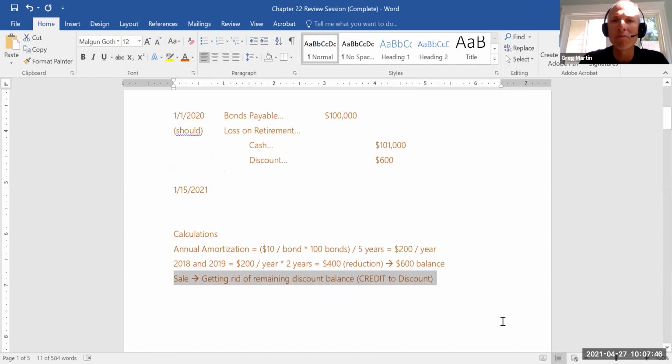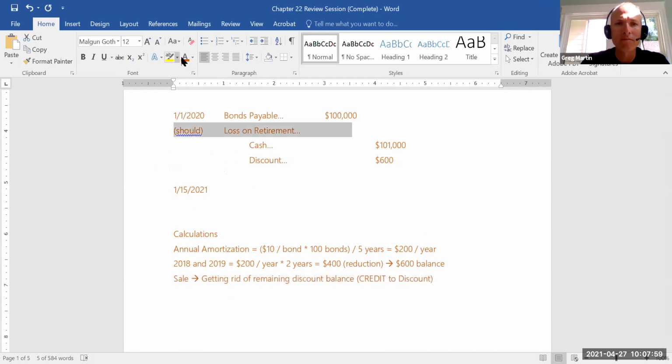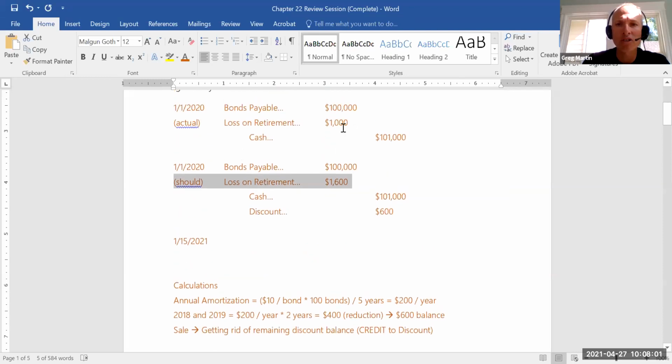In other words, they needed to credit the discount balance by $600. That's the journal entry that they should have recorded, but they did not. And again, if they had recorded it correctly, then the loss on retirement, instead of being $1,000, would have been $1,600 because of the credit to the $600 discount.